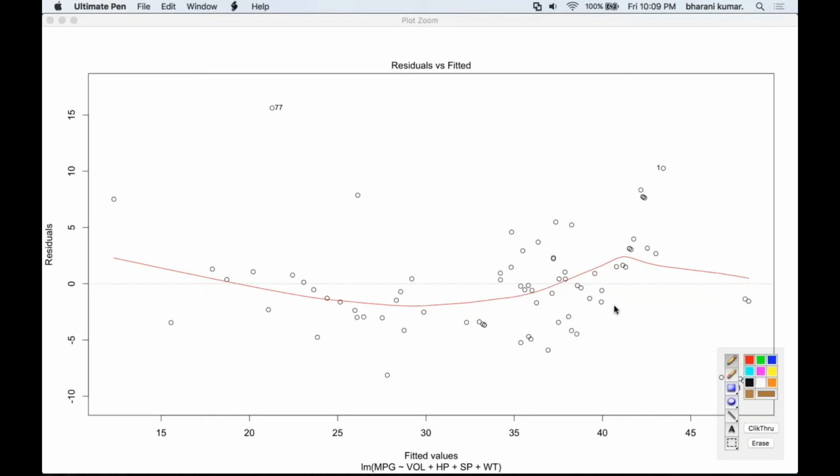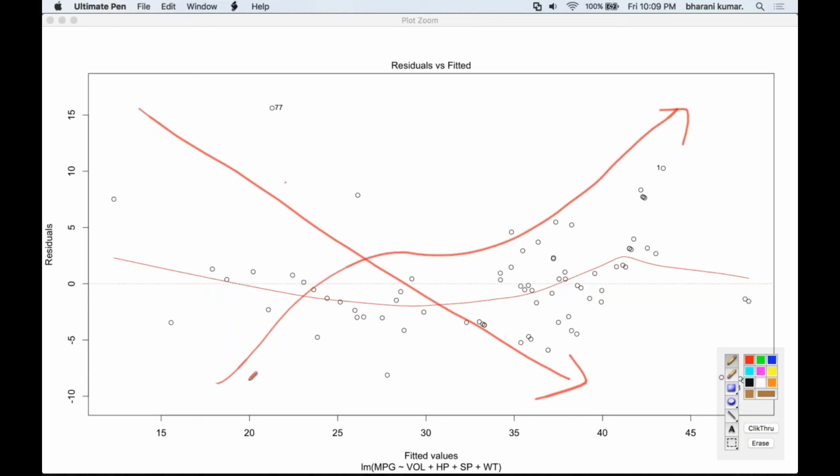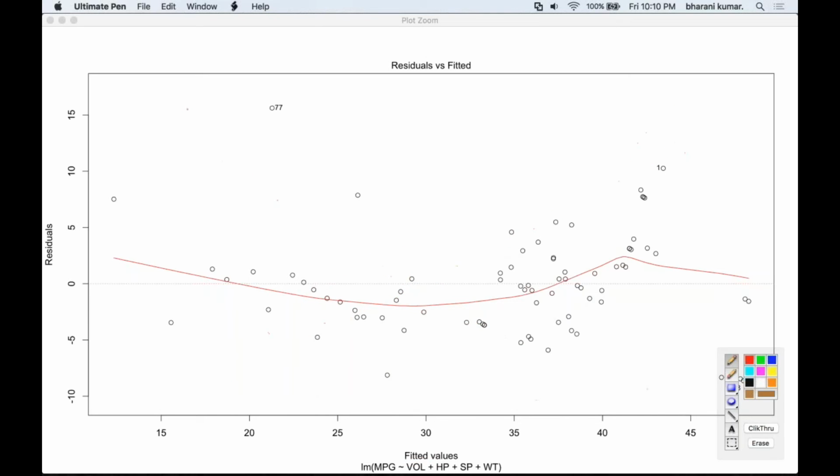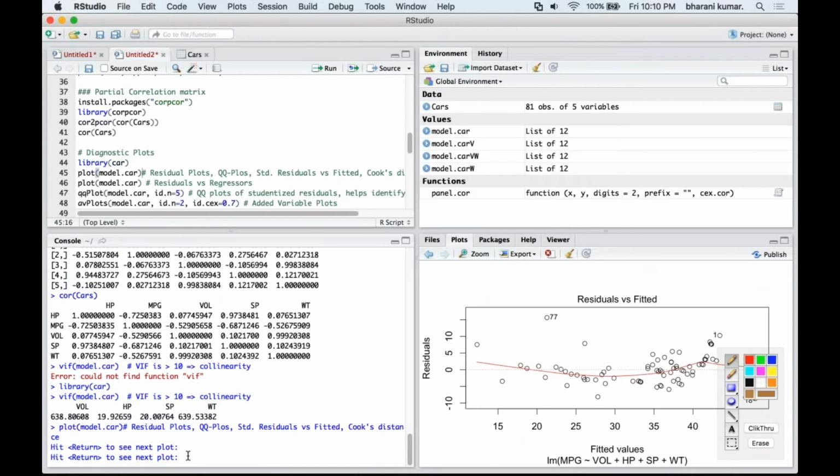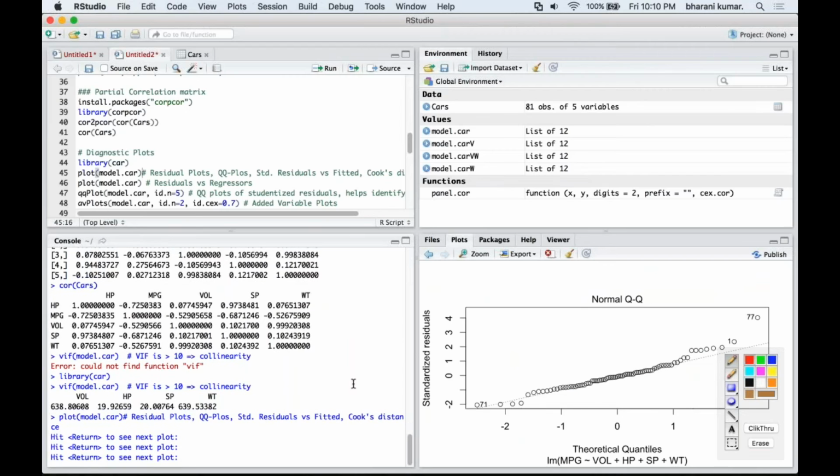If this red line would have been going this way, we know for a fact that as your fitted or predicted values increase, your errors are increasing. If it was this way, as your fitted or predicted values increase, your errors are reducing. So this is fine.